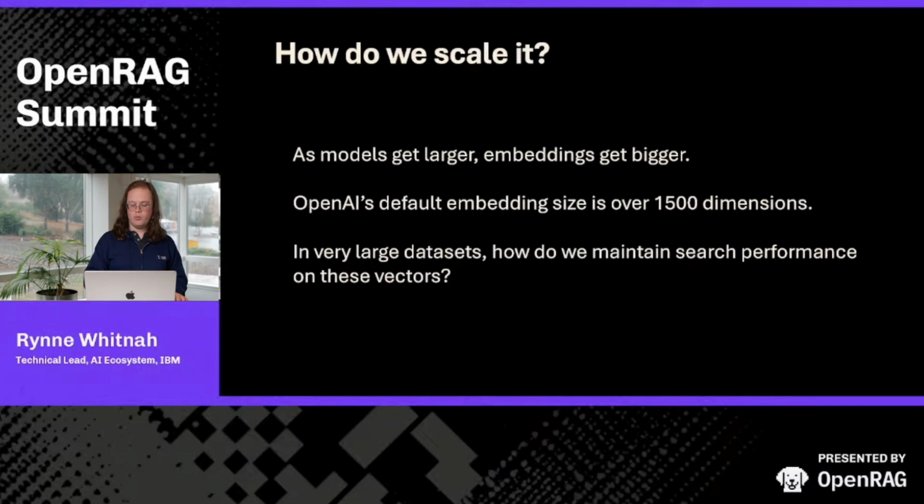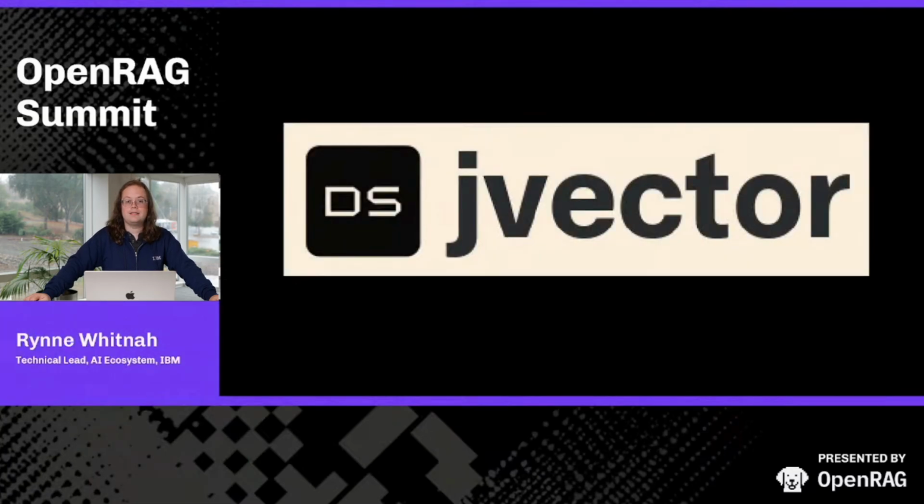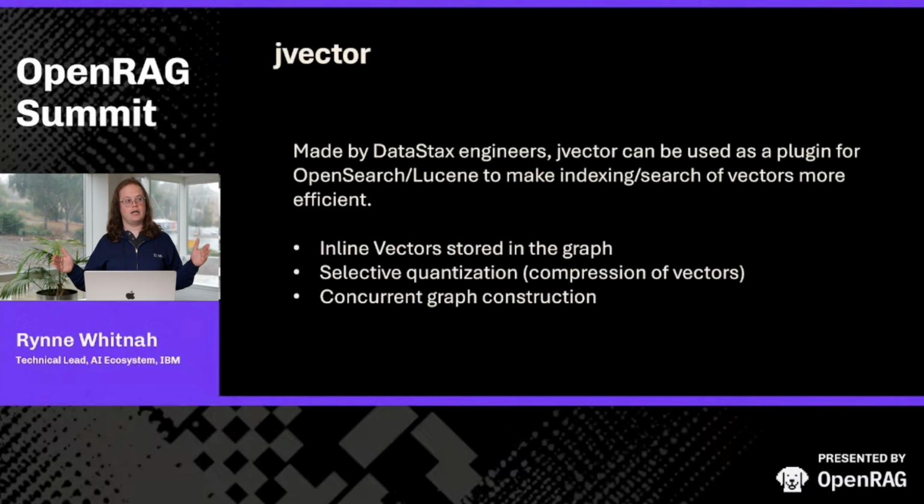And we think that one of the most interesting ways of doing that is JVector. JVector is an open source library written by the DataStax team, and it is a plugin for OpenSearch. It plugs into the Lucene core of OpenSearch, and it provides a much more efficient way of doing large-scale vector ingestion and retrieval.